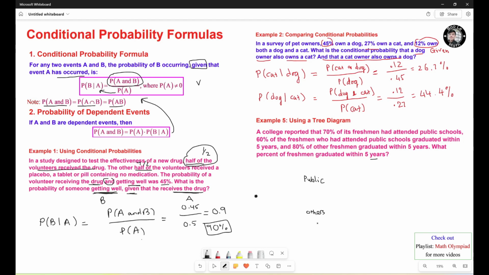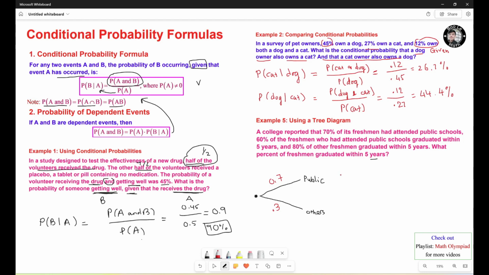Others could include homeschool, private school, or something else. So we draw a tree diagram like this. Now we put the percents right here. This is 70%, which is 0.7. Even though the question doesn't say anything about others, you're supposed to know this should be 0.3, which is the 30% left.